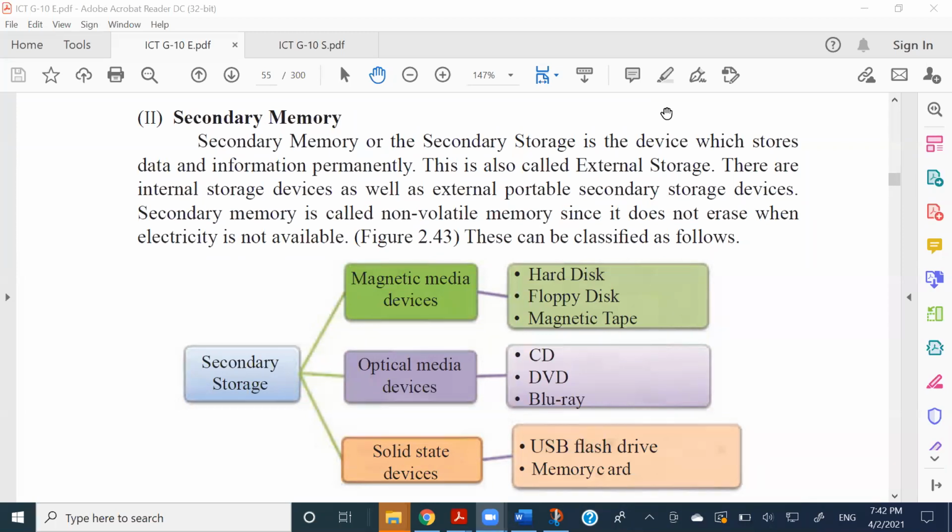The capacity of a floppy is 1.44 megabytes, right? So it cannot store an MP3 song, but still there are many occasions where we use floppy disks to take some benefits out of it, right?